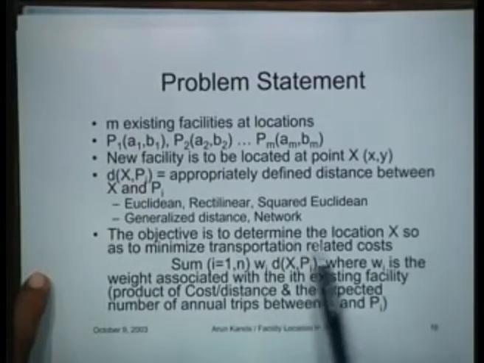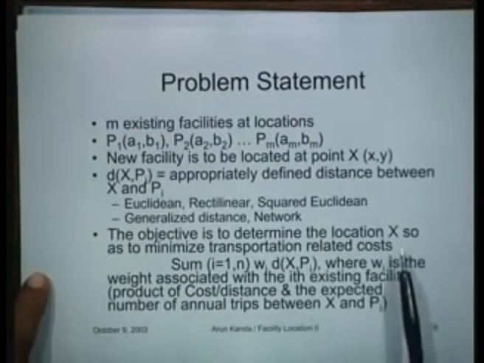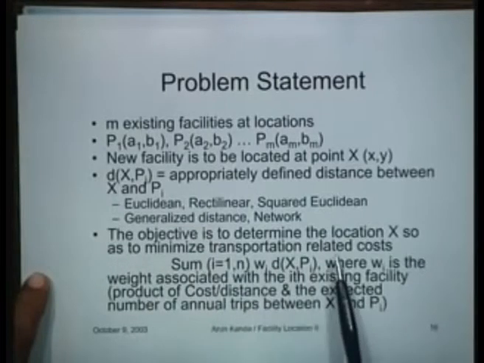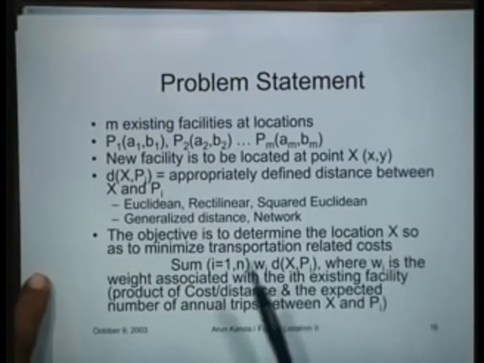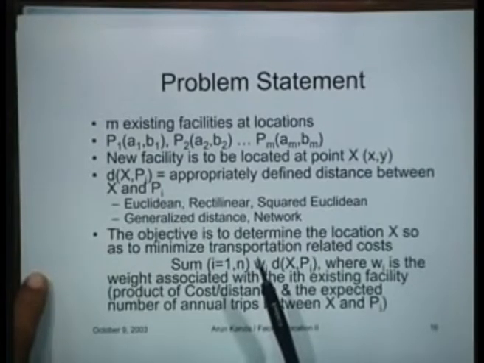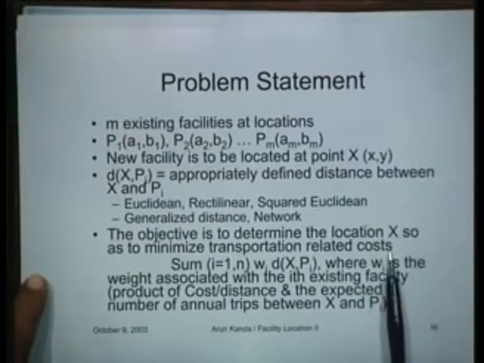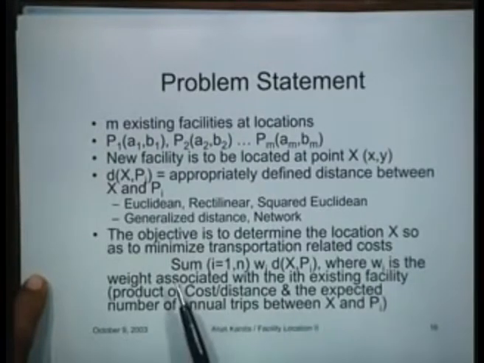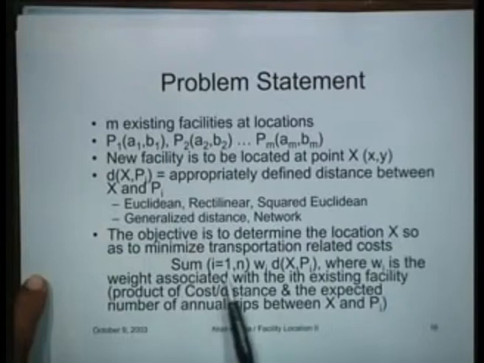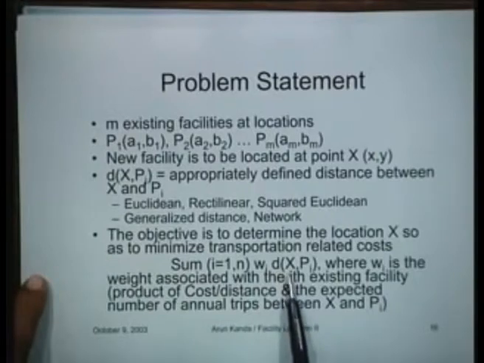And what's the objective of this exercise? The objective is to determine the location x for the new facility so as to minimize transportation related costs. And what are these transportation related costs? The transportation related costs are the sum from i equal to 1 to m of wi times d(x, Pi), where wi is the weight associated with the ith facility, which is the product of the cost per unit distance and the expected number of annual trips between x and Pi.